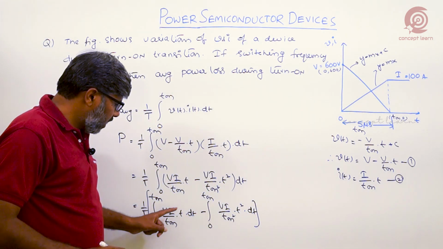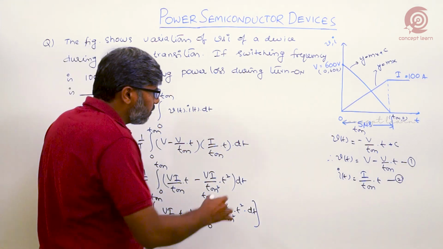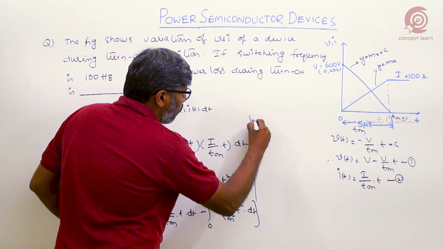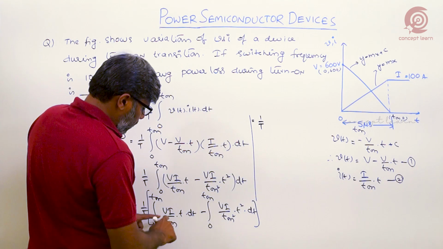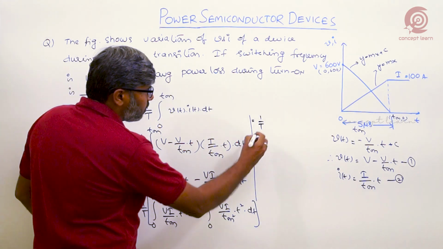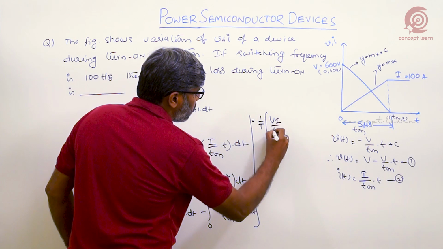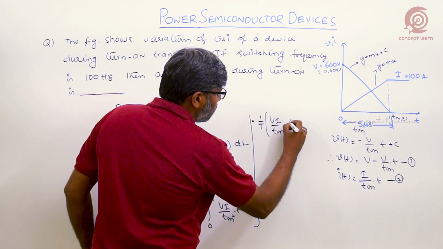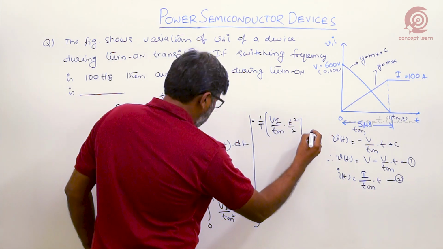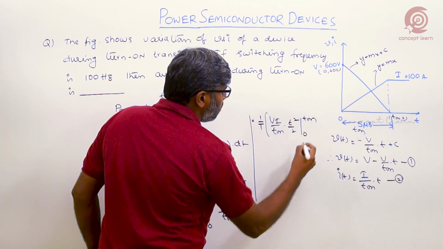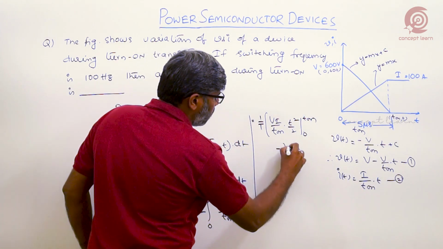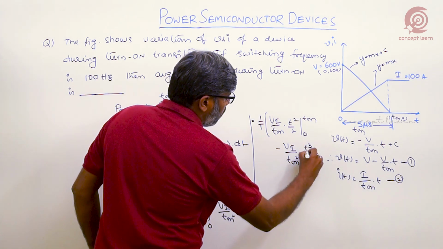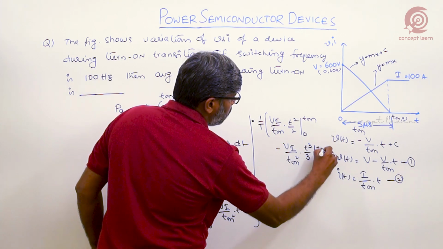Now integrate separately and substitute the limits. We get 1 by T, where Vi by T on is the constant, integration of T dt gives T square by 2 with limits 0 to T on, minus Vi by T on square into T cube by 3 with limits 0 to T on.